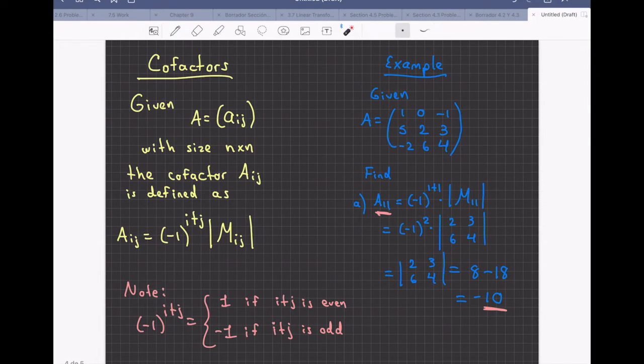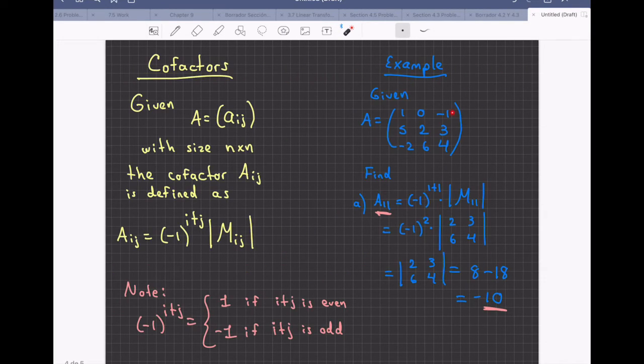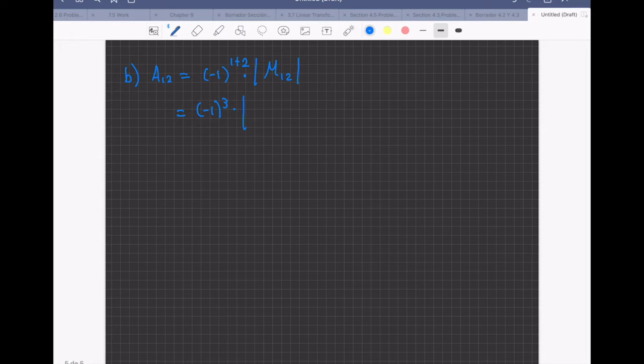I have to eliminate from this matrix the row 1 and the column 2. What is left? 5, 3, negative 2, 4.